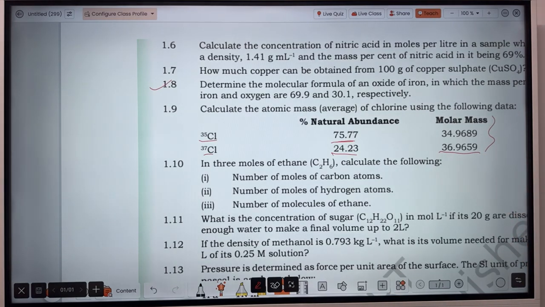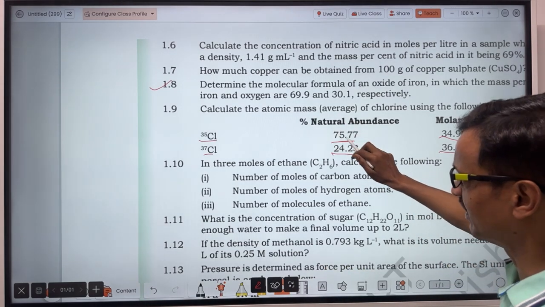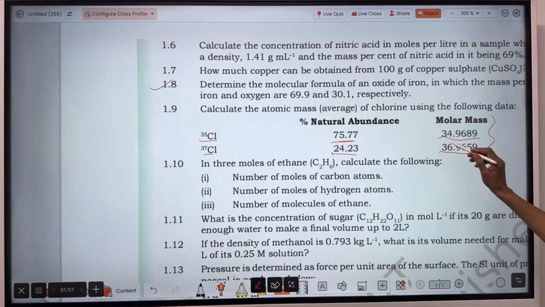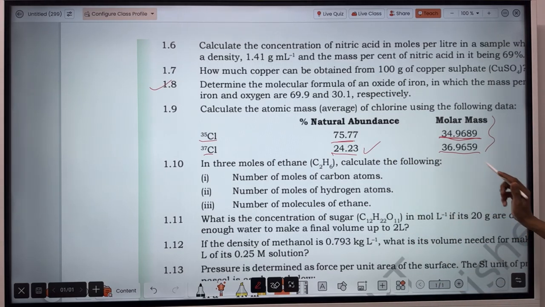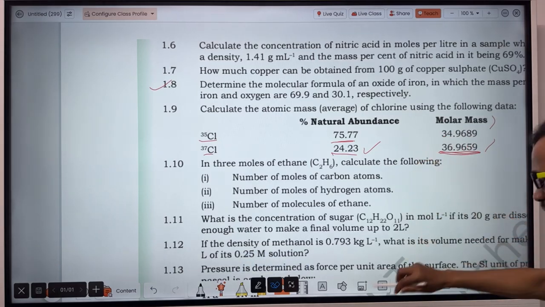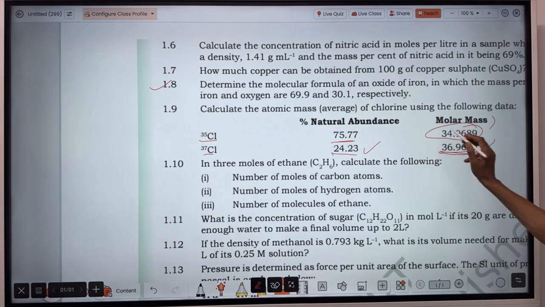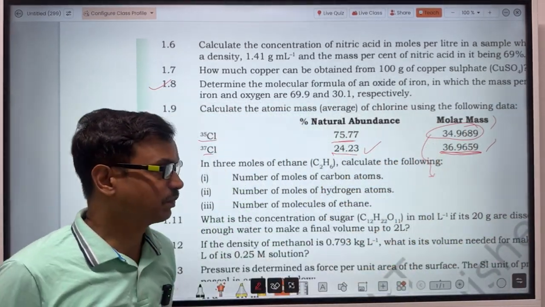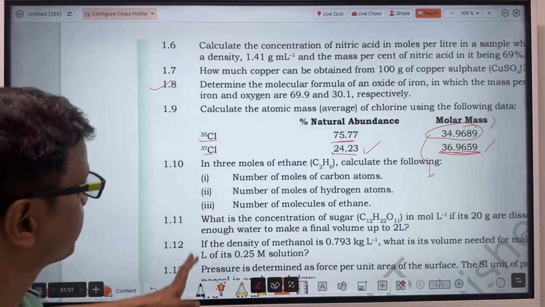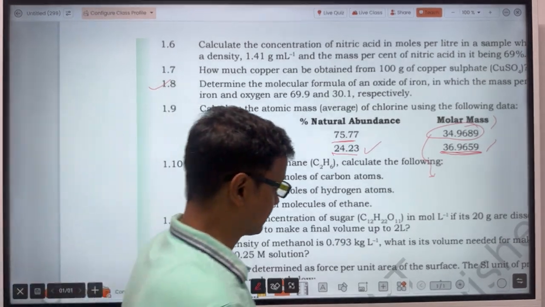That means the molar mass will be 34.9689 here, and 36.9659 here. So if there are 100 atoms of chlorine, 34.9689 is the relative atomic weight of chlorine 35.